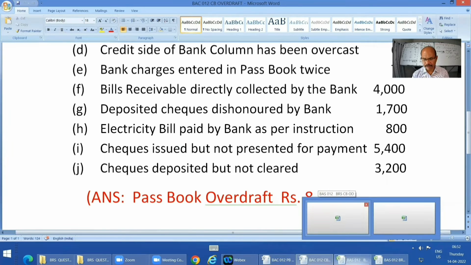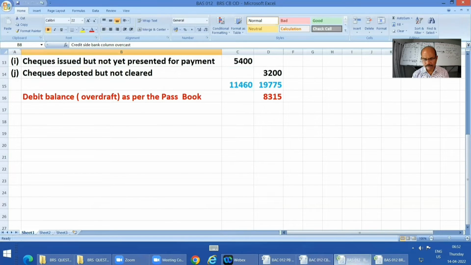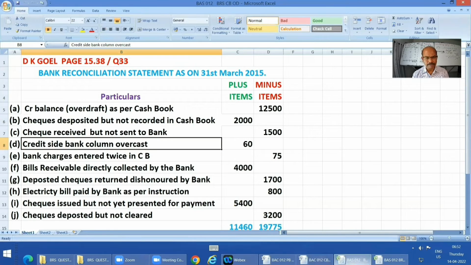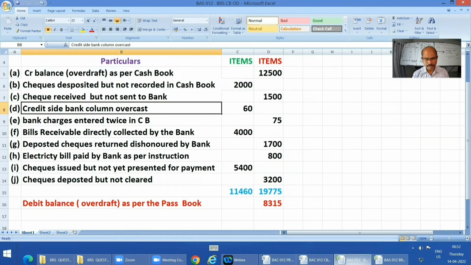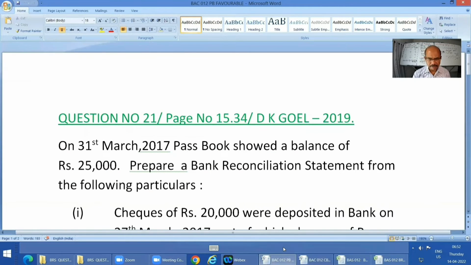Now the respective answer. Now let us take up the next question. Well, it is like this.